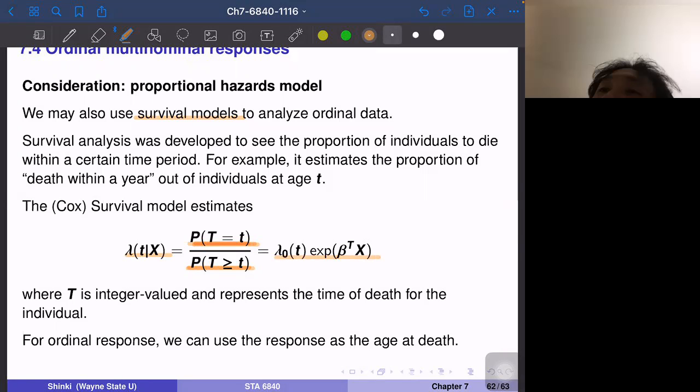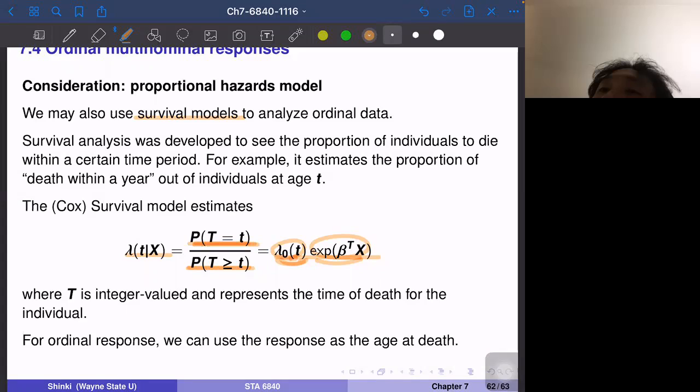This is similar to the proportional odds model or the ordered probit model. We have the t term, where t is basically the age. This depends on t and the exponential of beta transposed x. x is the predictor values and beta is always common; the first part depends on t, and the second part does not depend on t.